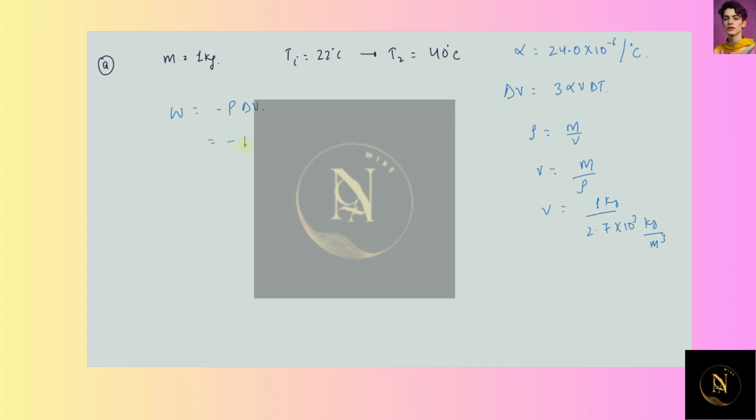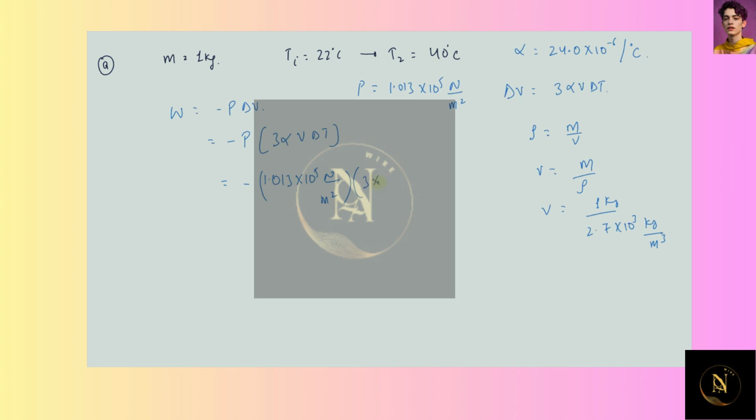So we can write minus P times 3 times V delta T. P in the equation is atmospheric pressure, which is equal to 1.013 into 10 to the power 5 Newton per meter square. So P here is 1.013 into 10 to the power 5 Newton per meter square.